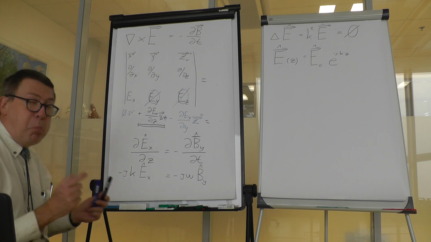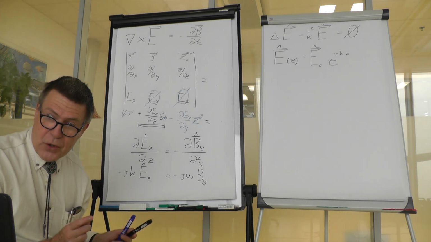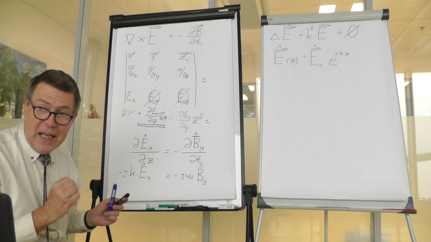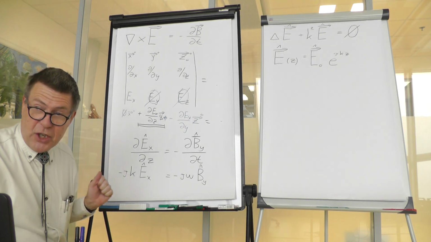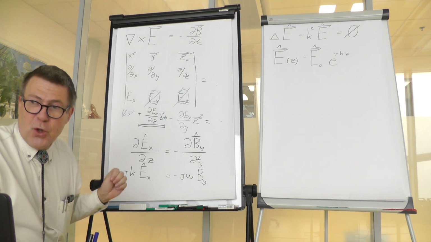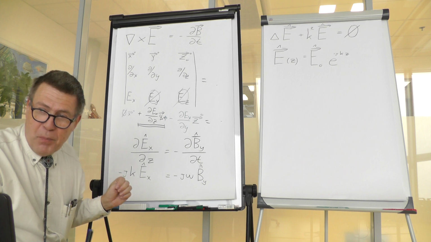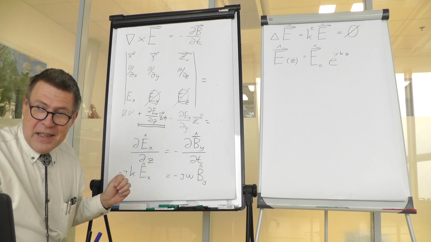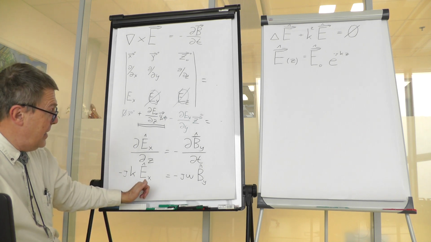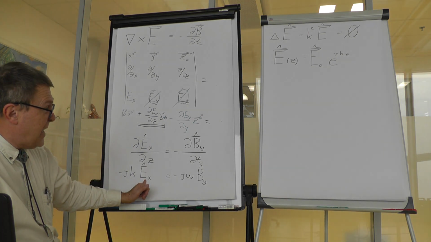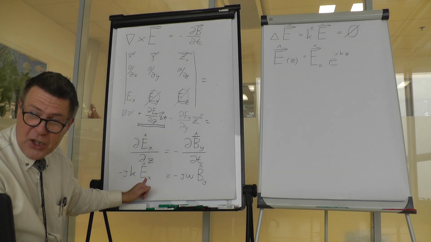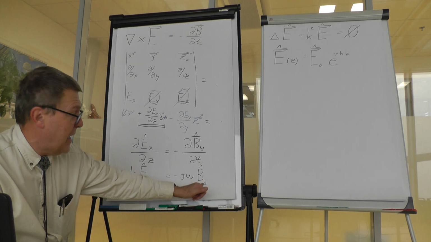And this is an important conclusion. We started with an electromagnetic wave that has been propagating in z direction. Now, we have found that this wave has two components that are not independent, because we can find out that there is a direct equation which establishes the ratio between Ex and By.